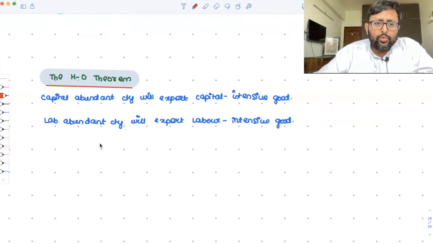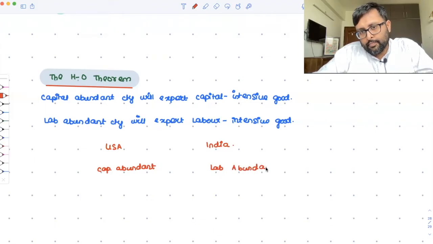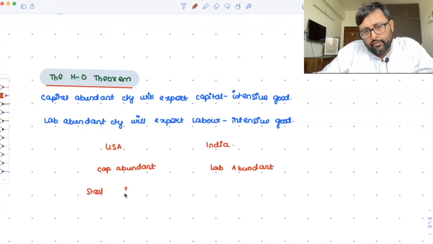So supposedly there are two countries, USA and India, right? US is capital abundant. India is labor abundant, right? And let's say there are two goods, steel and food.